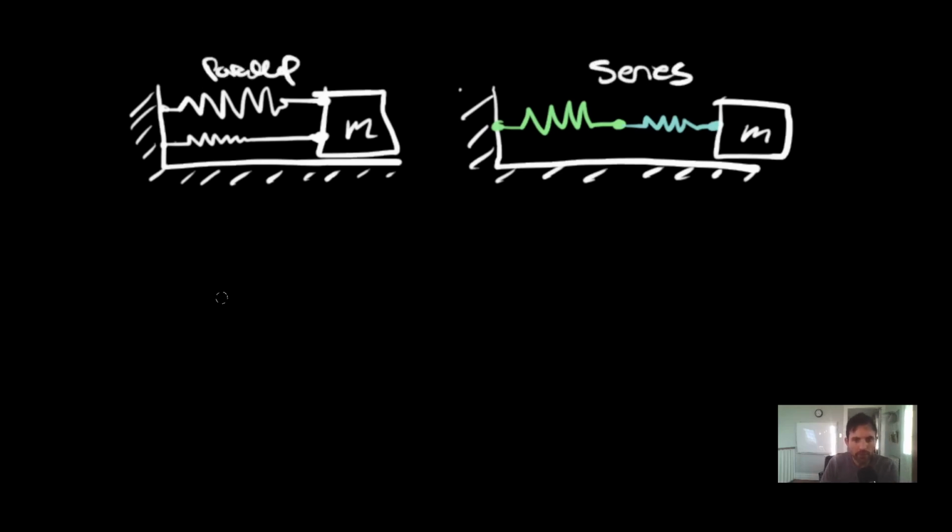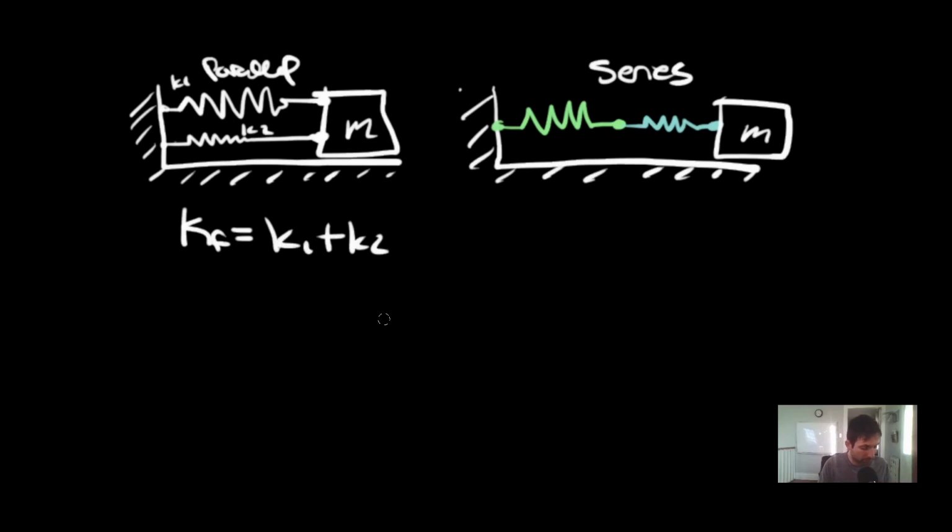Okay, so what does that do to the spring constant? If it is in parallel, the spring constant final, or total, or however you want to call it, let's call these K1, K2, is just equal to K1 plus K2.